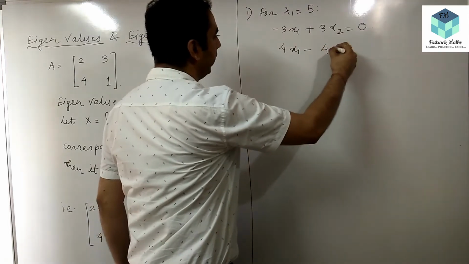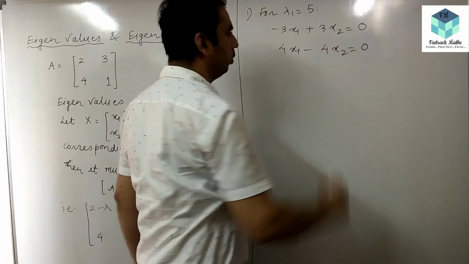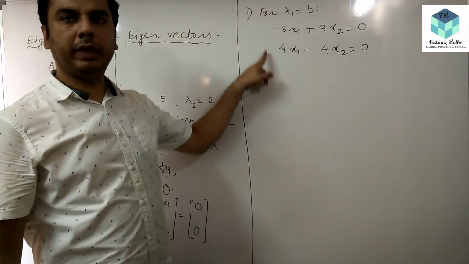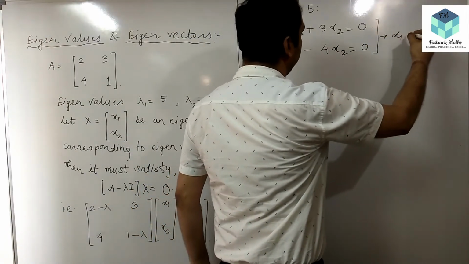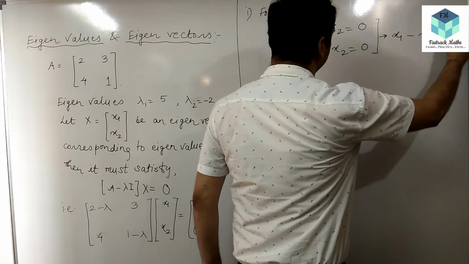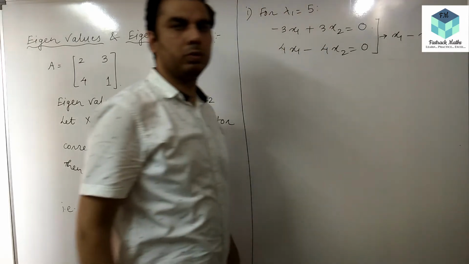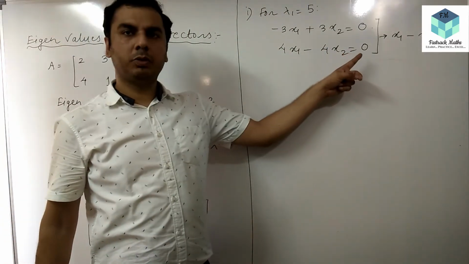If we look at these two equations, they are nothing but a single equation, which is x1 minus x2 is equal to 0.